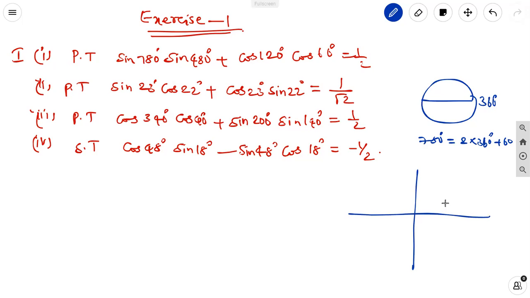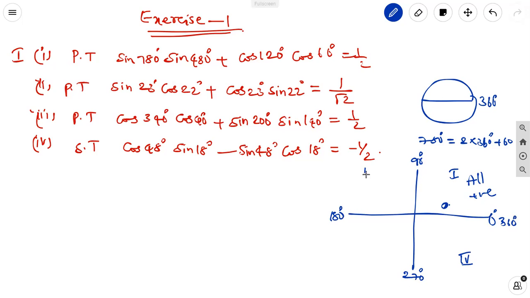The first quadrant is nothing but 0 degrees to 90 degrees, 90 to 180 is the second quadrant, 180 to 270 is the third quadrant, 270 to 360 is the fourth quadrant. In the first quadrant, all ratios are positive.